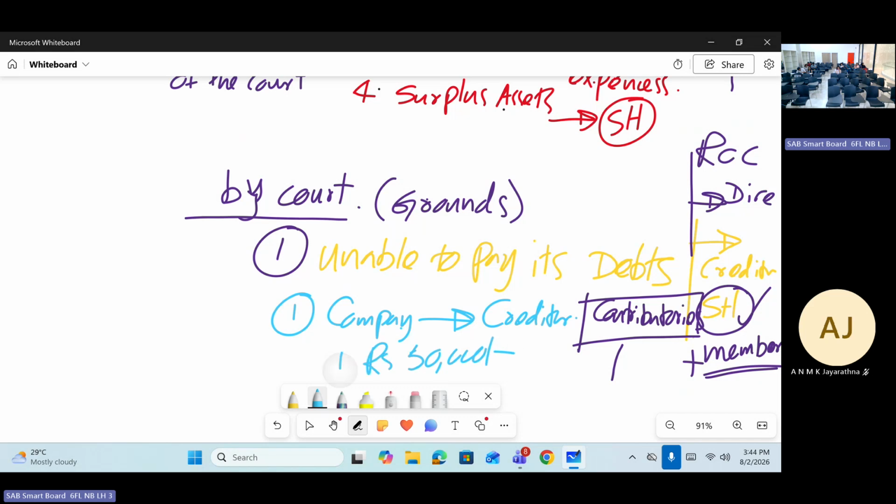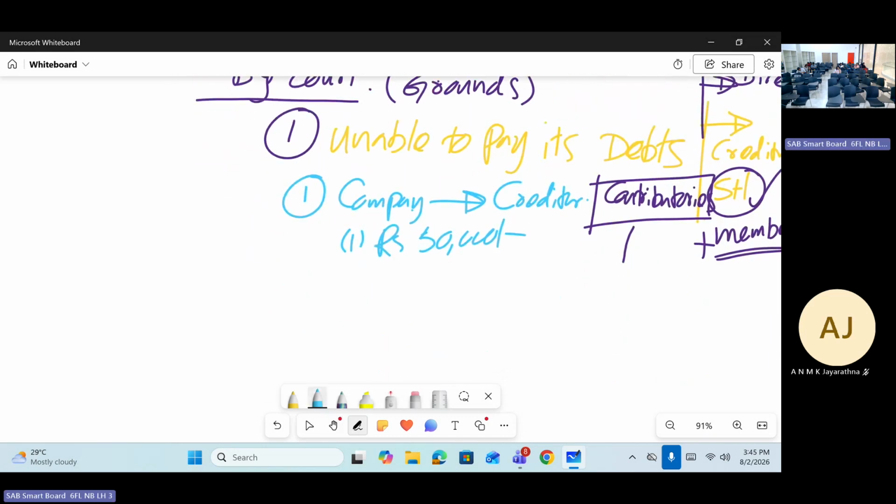So there are three conditions to be satisfied. The company owes to a creditor more than 50,000 rupees. Then thereafter, the creditor has requested the money in writing, a written demand made by the creditor.